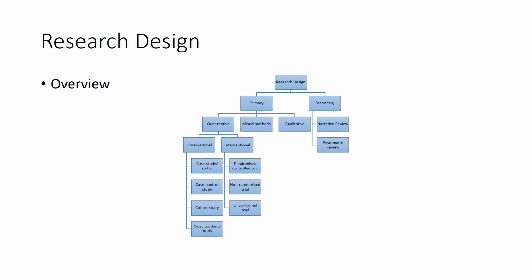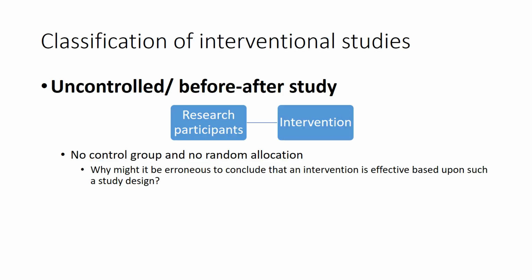But then we have these interventional studies, the focus of today's short lecture, which you might classify as the randomized controlled trial, a non-randomized trial, or an uncontrolled trial. So you will see many examples of uncontrolled trials reported at conferences, but also in the literature.